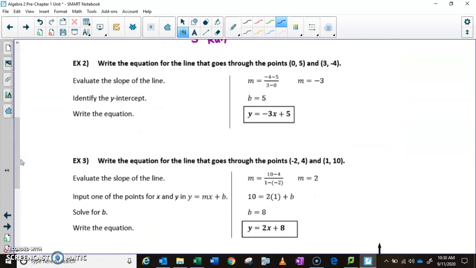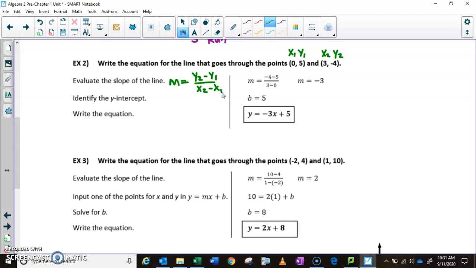If I want to write an equation in example 2 of the line that goes through 2 points, the first thing we need to do is find the slope. We just practiced that in the last section, so we're going to identify our points as x1, y1, x2, y2, and find the slope using our slope formula, y2 minus y1 over x2 minus x1.